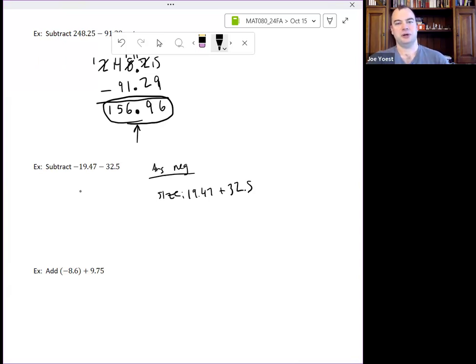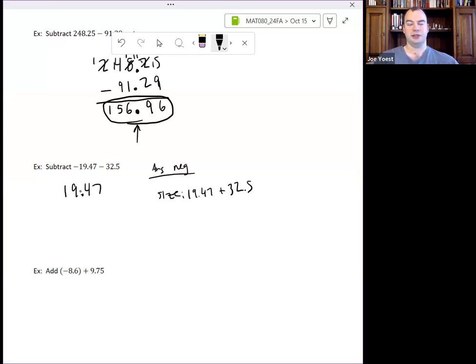Again, this was just the approach that we did when we were adding or subtracting integers. We found the sign of the result. And then we said, since everything is pointing in the same direction, everything is going to the left, so to speak, I could either think of this as negative 19.47 minus a positive 32.5, or I could think of it as negative 19.47 plus negative 32.5. I could think of it that way as well. I know my answer is going to be negative.